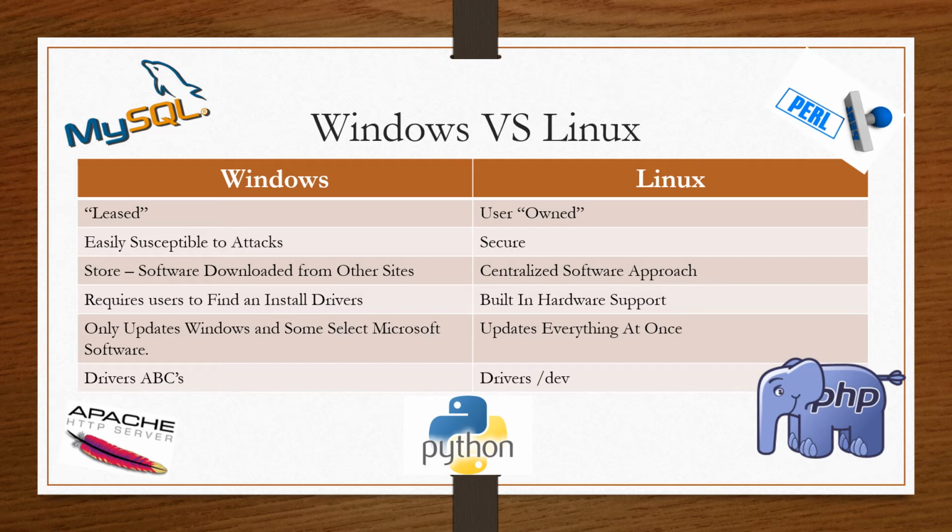Windows users are encouraged to install and pay for antivirus software that's only about 20% effective. And the reason is the backdoor policy that Microsoft has. Why the backdoor policy? Because once again, it is leased software, so Microsoft can get into your system anytime they want.